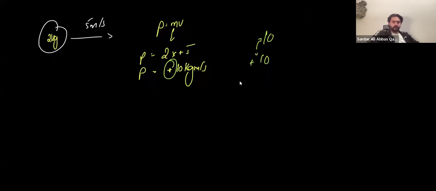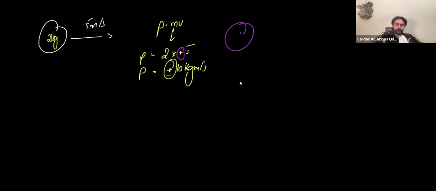But I always encourage my students to write this positive sign. You establish the habit of adding signs, because a lot of times during examination, due to examination pressure, students forget to write positive or negative, and it causes them to lose marks. So it's very important that you always add the positive or negative sign.